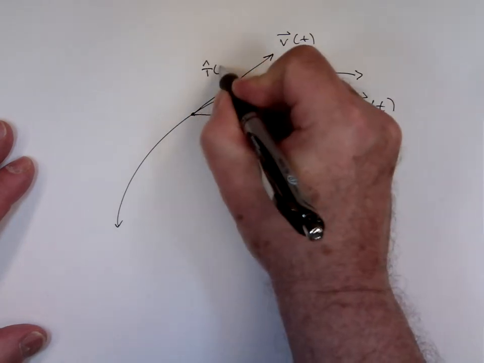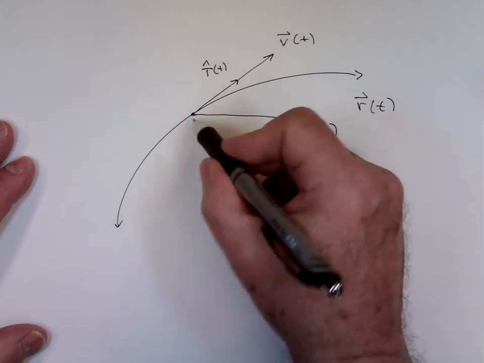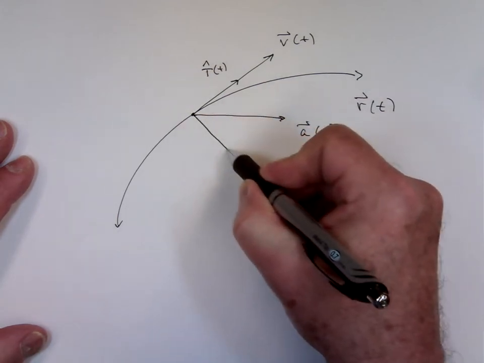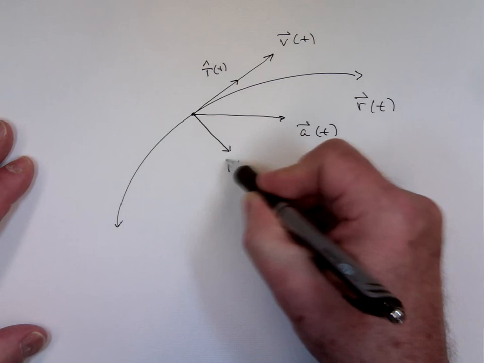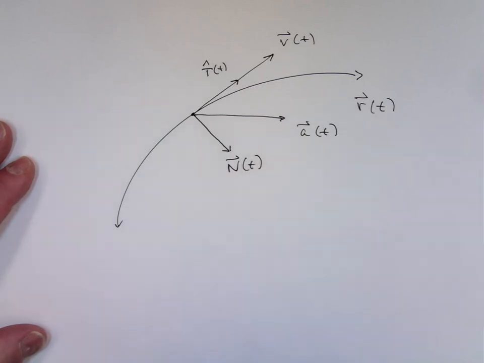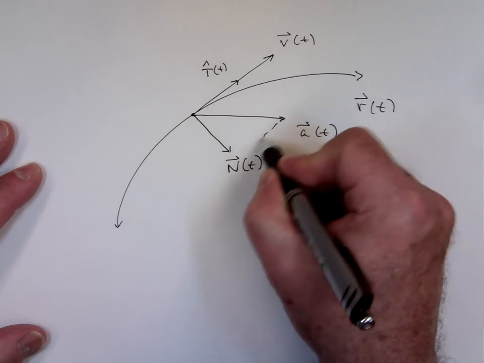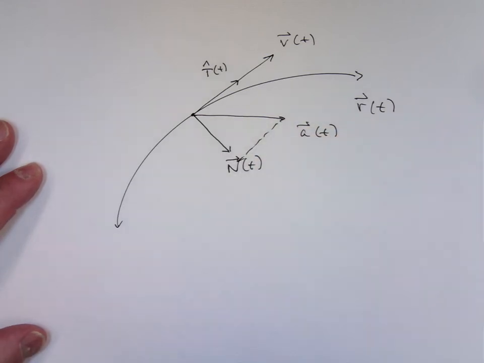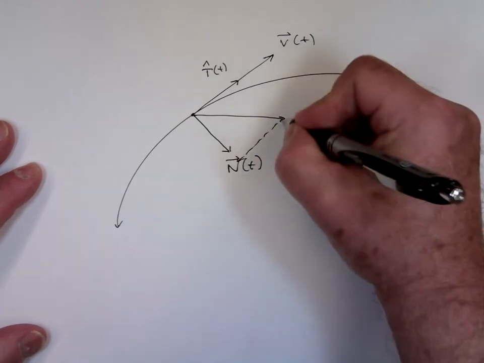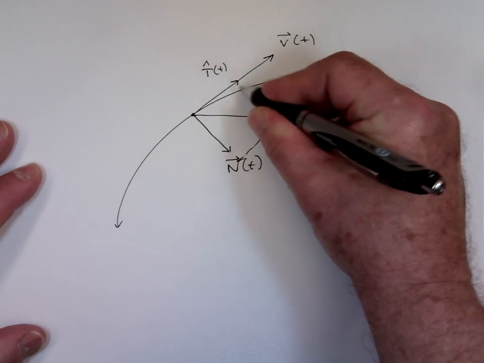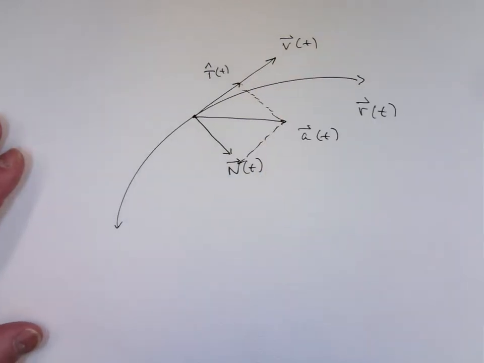And it's going to have a unit normal vector. And what we're going to do is take this acceleration and project it along the normal vector and project it along the unit tangent vector to have the normal and tangential components of acceleration.